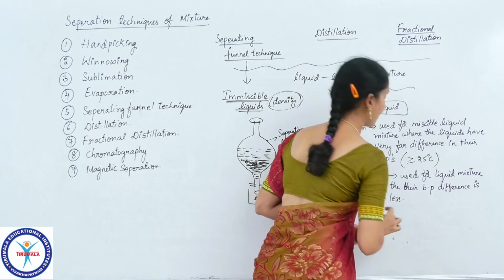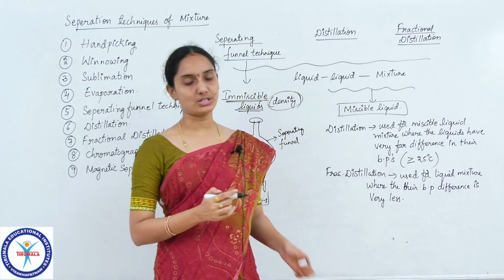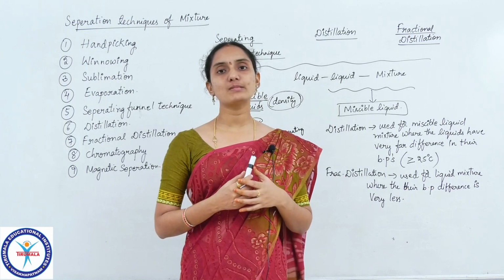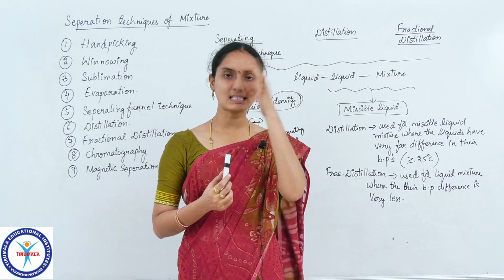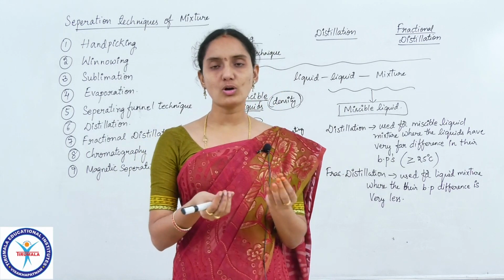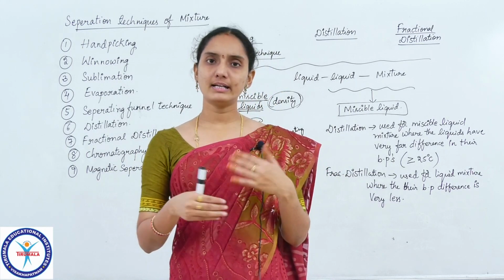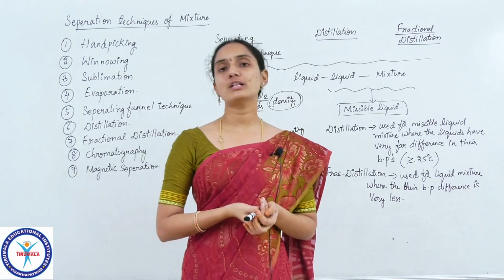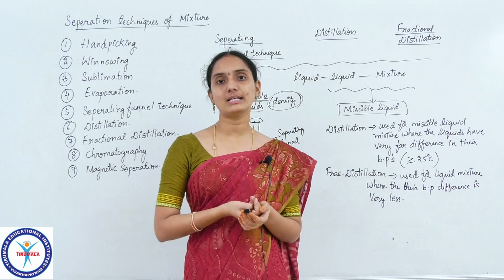That means they have very close boiling points to each other. Suppose component A has a boiling point of 90 degrees Celsius and the other component B has 100 degrees Celsius, a very close relation. They may even have just 1 or 2 degrees Celsius difference in the mixture.